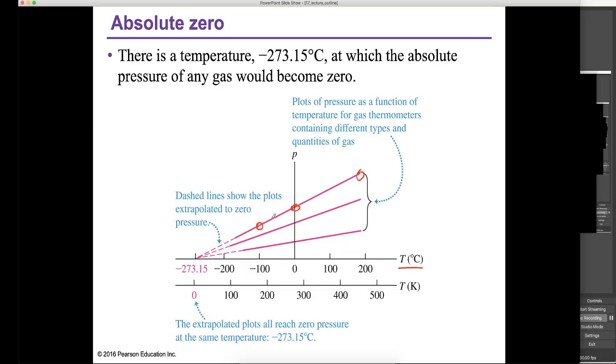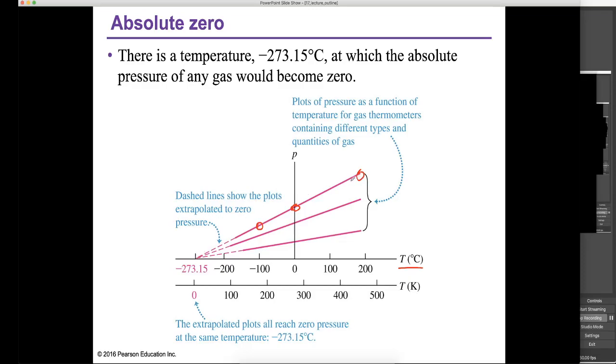So it's getting lower and lower, and finally you can reach a point at which the pressure is 0. Of course, experimentally, it's impossible to get this point.